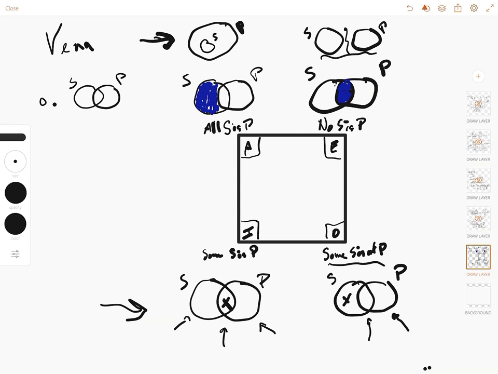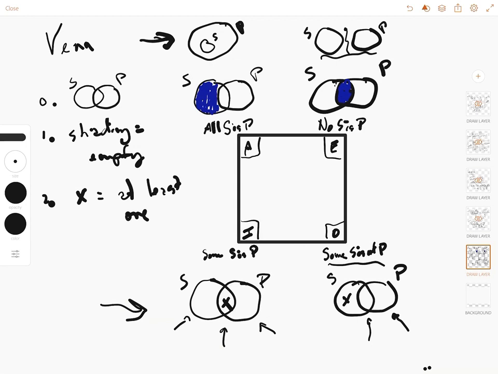So subject, predicate, right? Step 1, we're going to use shading to mean empty. And step 2, we're going to use an X to mean at least one.